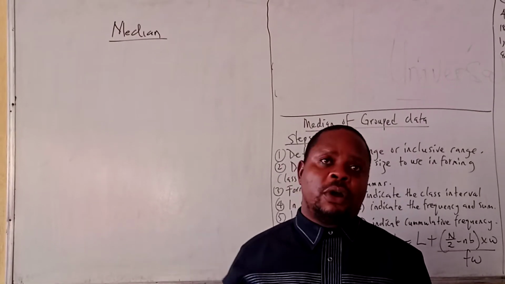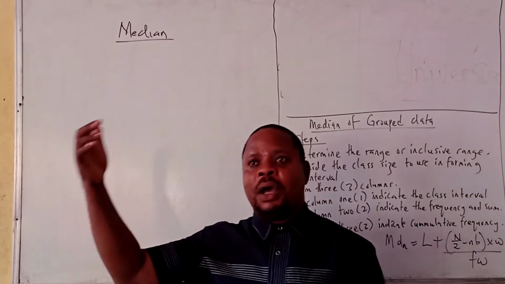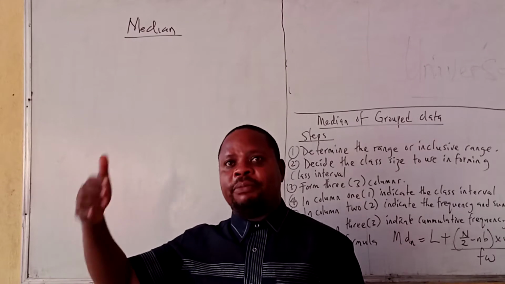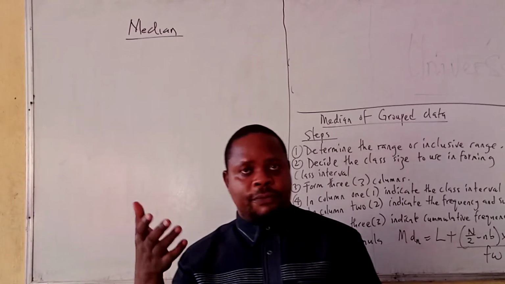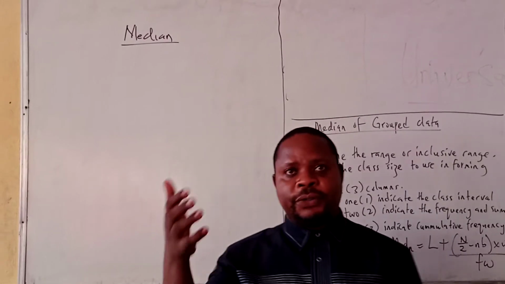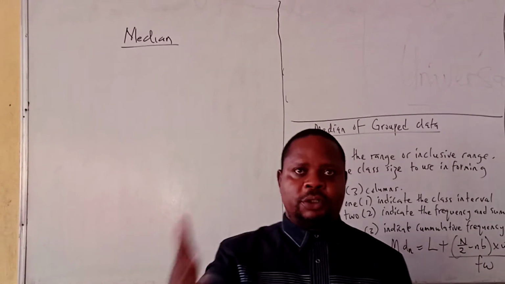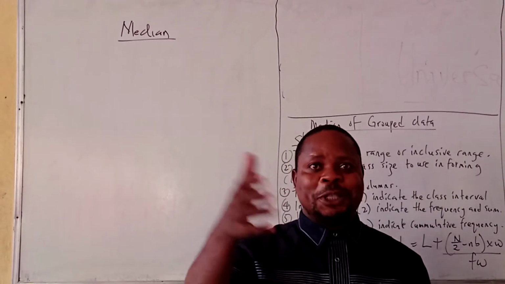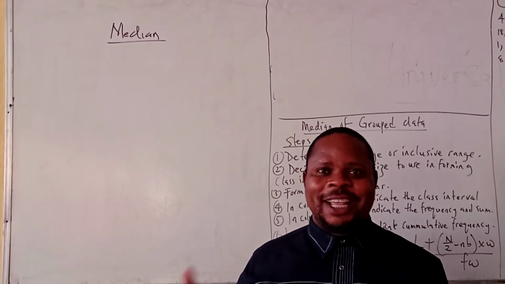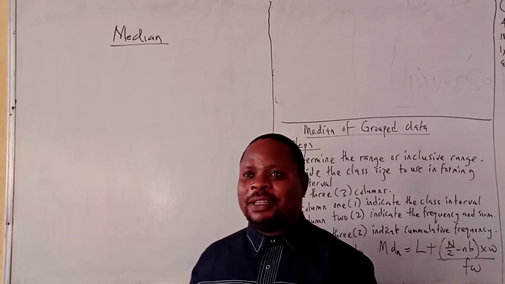If the number of scores can be divided by 2 without any remainder, it is even, for instance 2, 4, 6, 8, 10, 12, 14, 16, 18, 20, and so on. Don't forget about it.